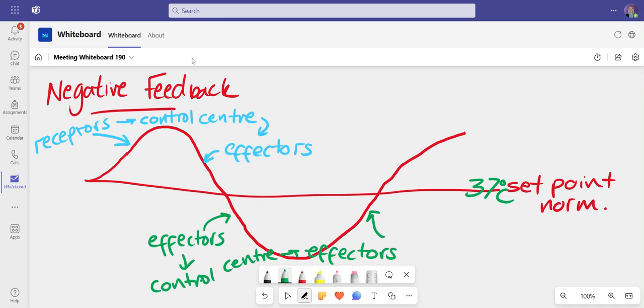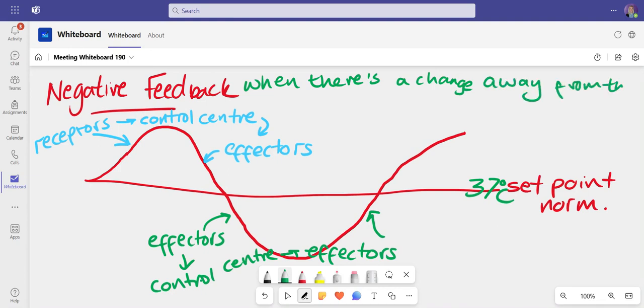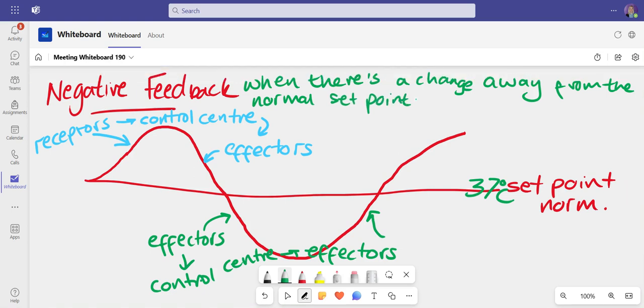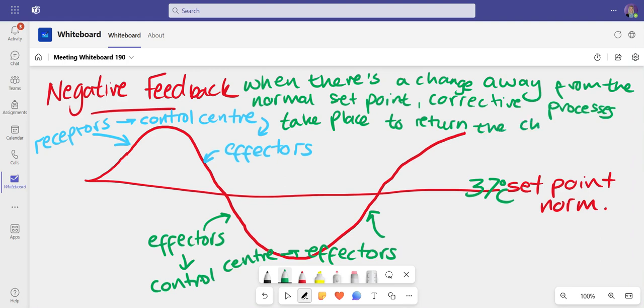So negative feedback, if you wanted to write a definition of it, it means when there's a change away from the normal set point, corrective processes take place to return the change back to normal.